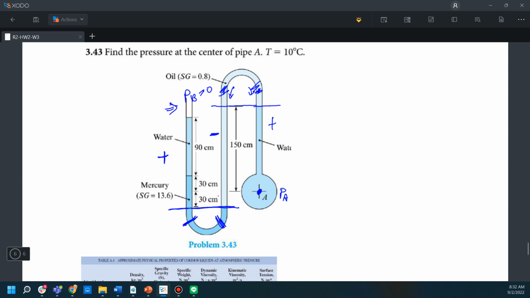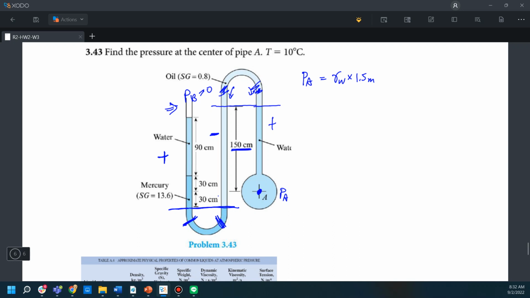So we can start to list out the equation that PA is equal to the force provided by the liquid above it. So it is gamma water times the height of these parts, which is given by the problem already, that is 150 centimeter, and that is 1.5 meter.